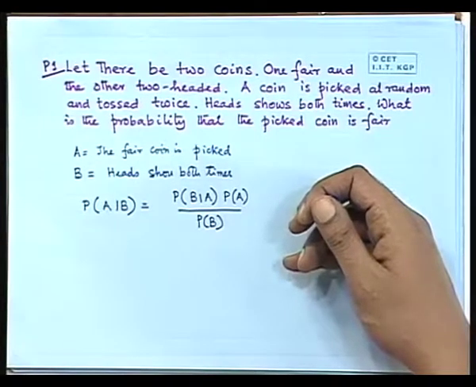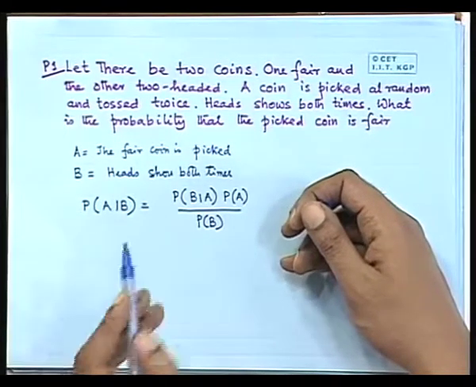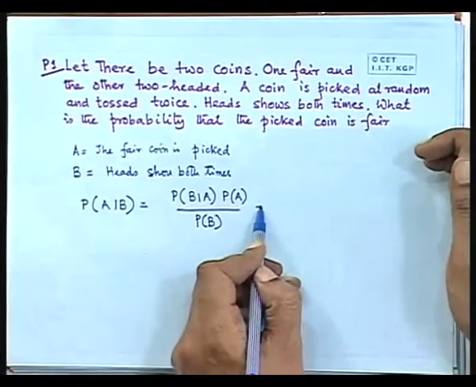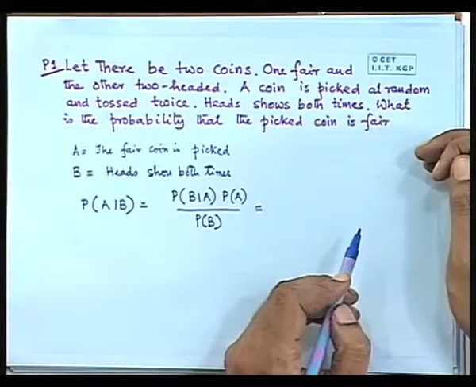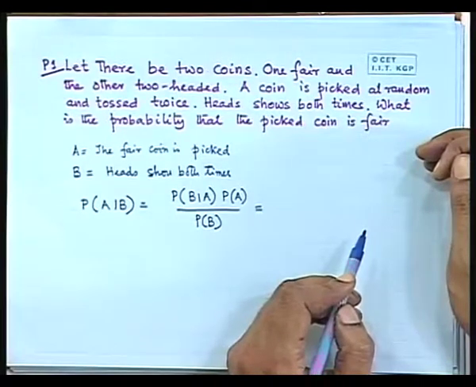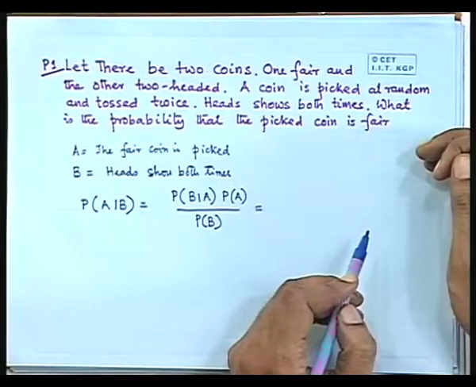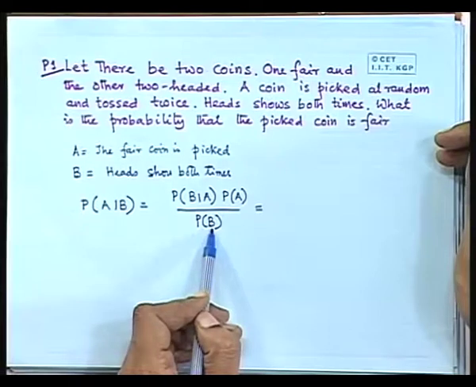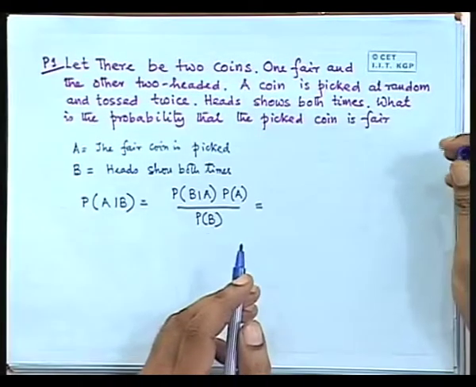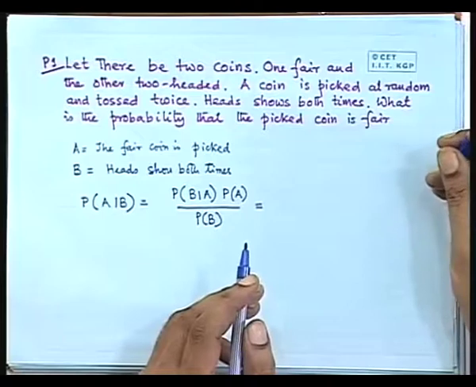Right? Now what is probability of B? Probability of B is the event that heads show both times.